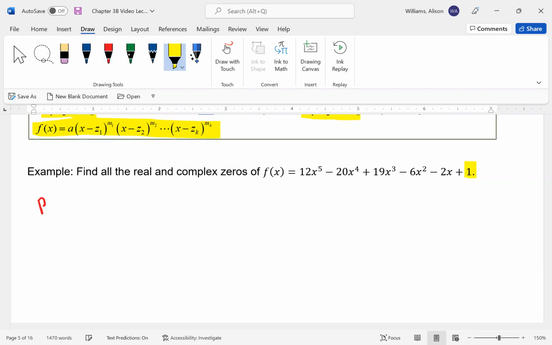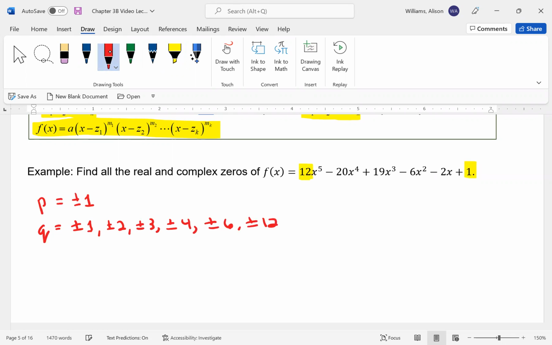The factors of 1 are only 1. And for the first term, Q, that's looking at the 12, the first coefficient. The factors of 12 are 1, 2, 3, 4, 6, and 12, leaving us basically with 1 over all of these combinations. So P over Q, the possibilities are 1 over 1, which is just 1.